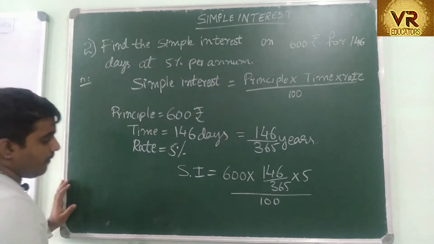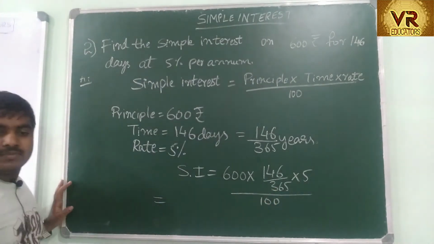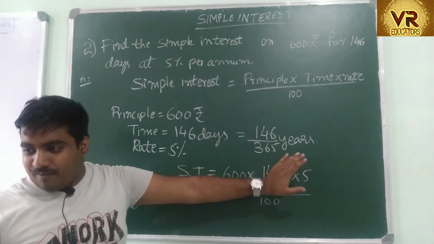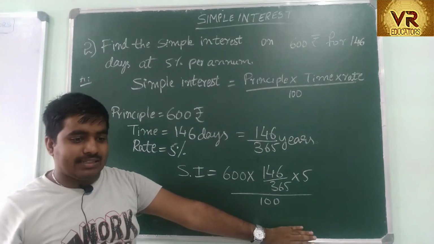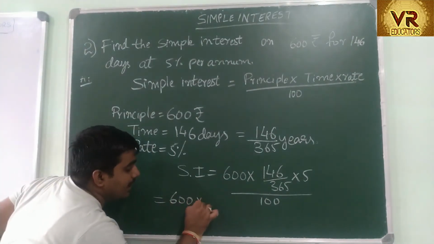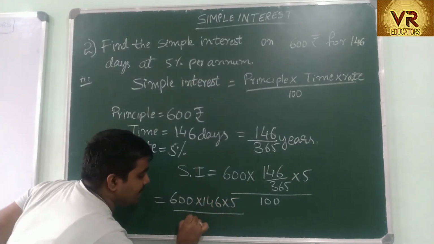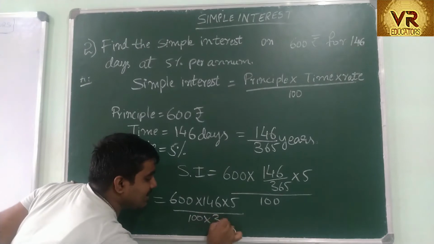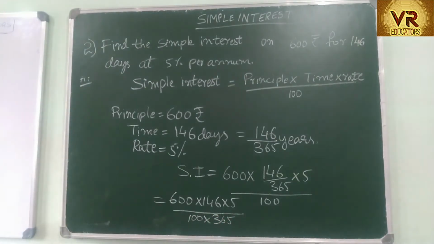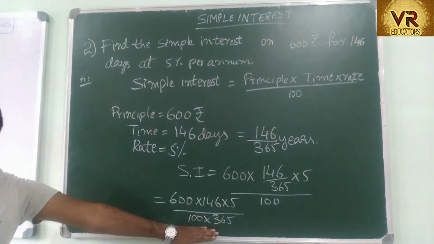Now we can put the denominator terms in the denominator: 600 into 146 into 5 divided by 100 into 365. This 146 divided by 365 can be written in this way.